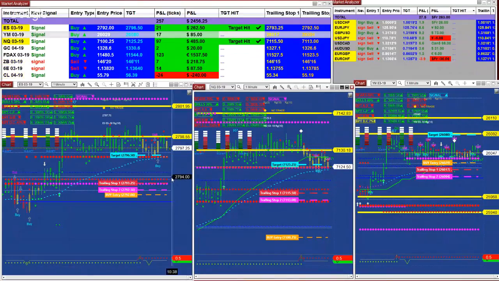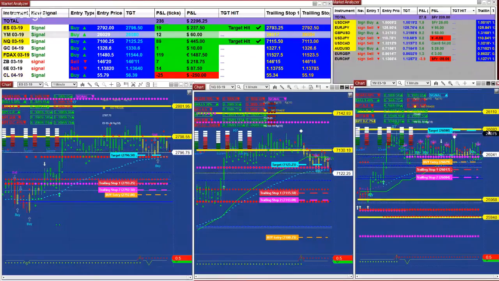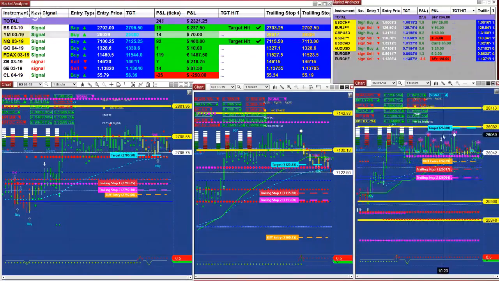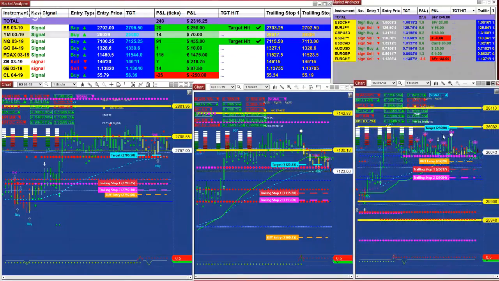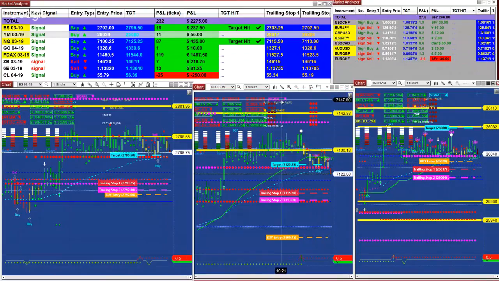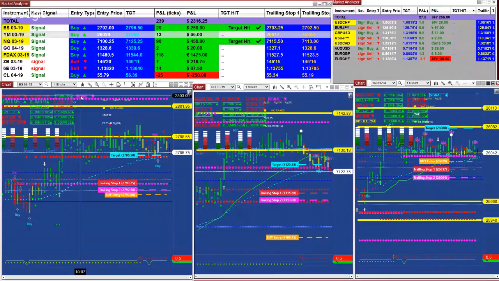The same story goes for the ES, and the YM is really taking a breather, with no direction whatsoever. It's extremely tight. As you notice here, we have sell signals.